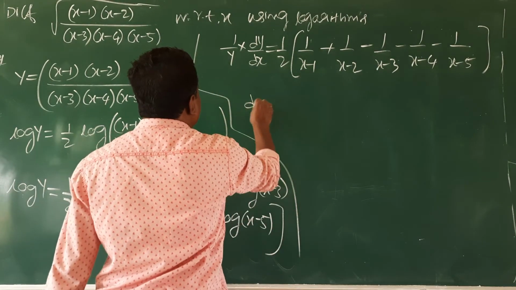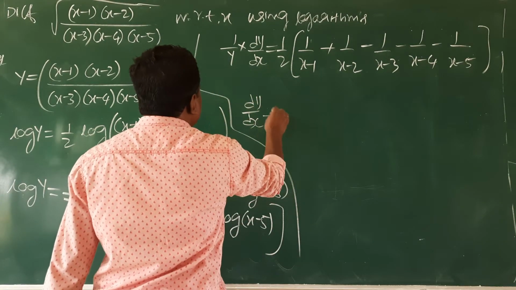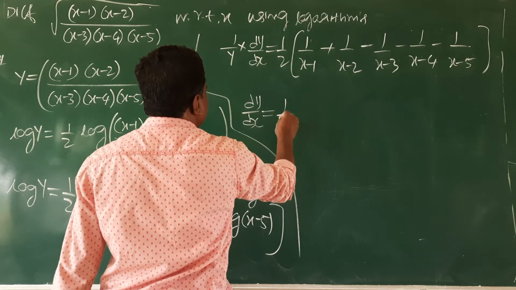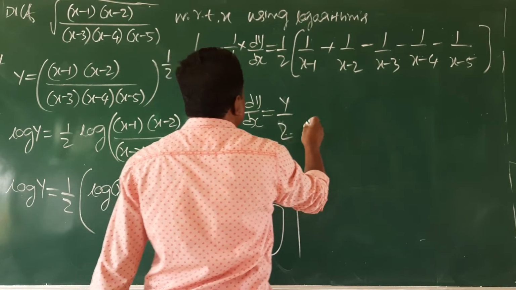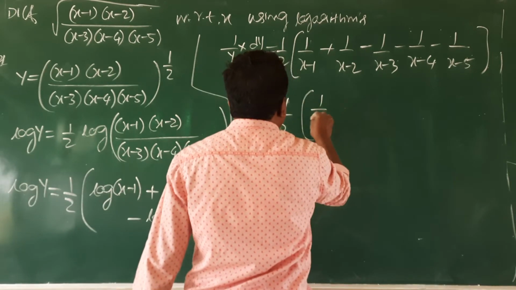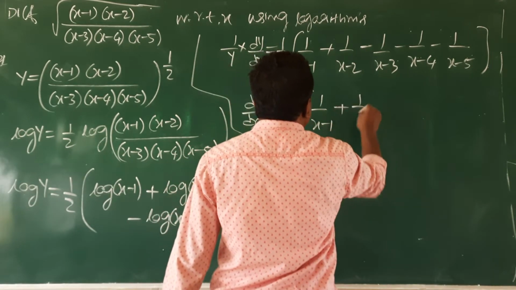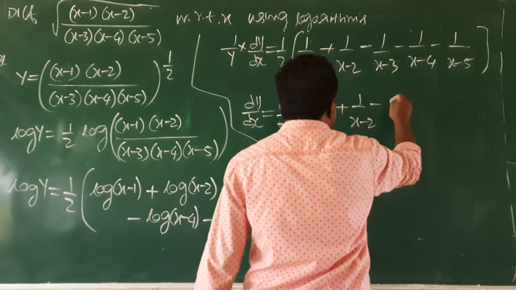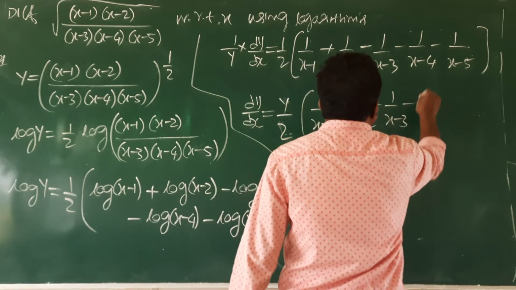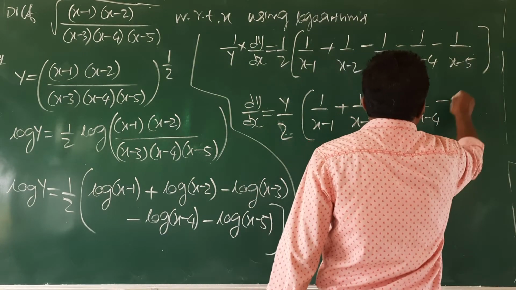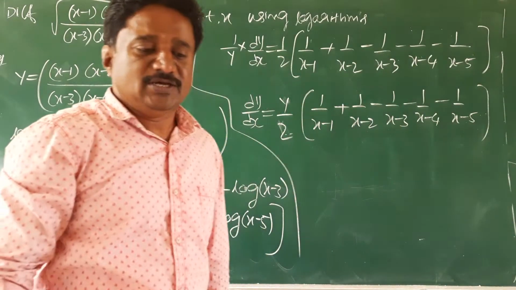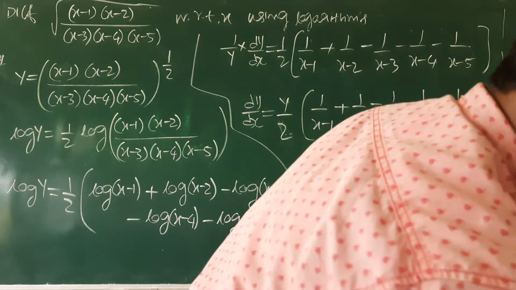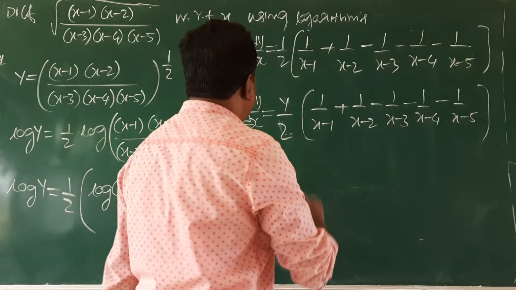So dy by dx is y by 2 into 1 by x minus 1 plus 1 by x minus 2 minus 1 by x minus 3 minus 1 by x minus 4 minus 1 by x minus 5. This is dy by dx. Now substitute for y.